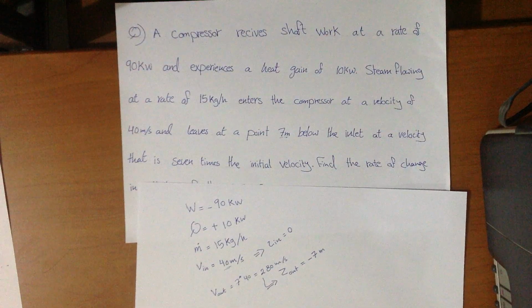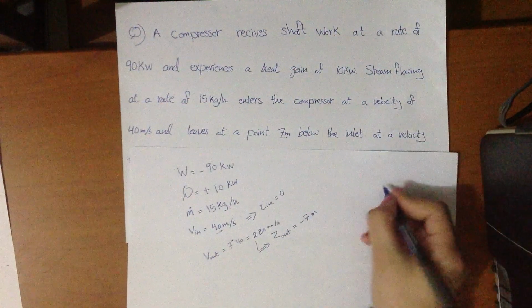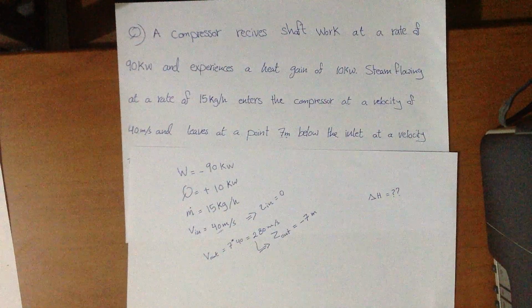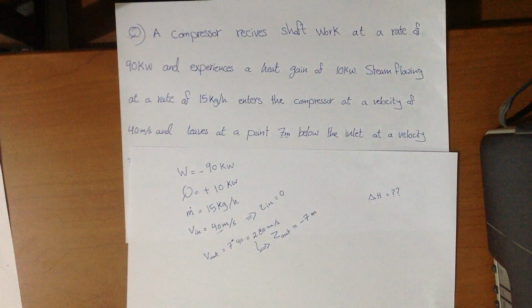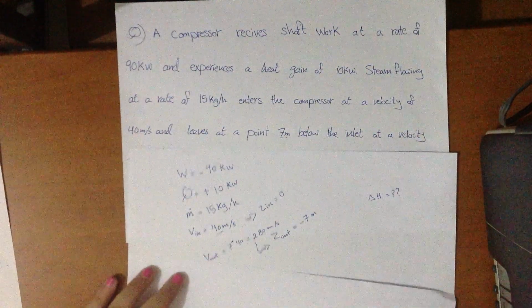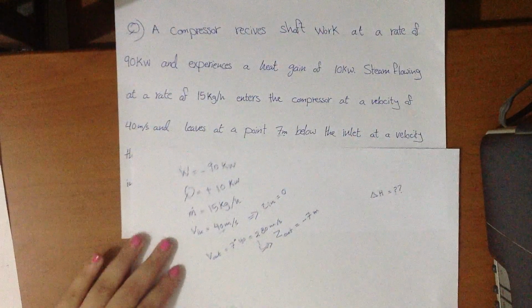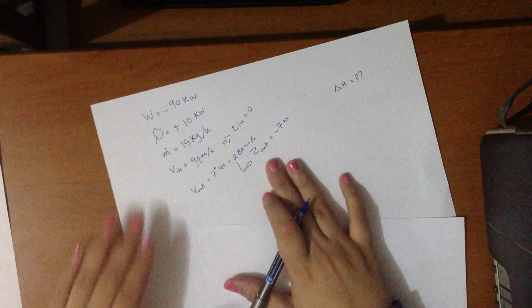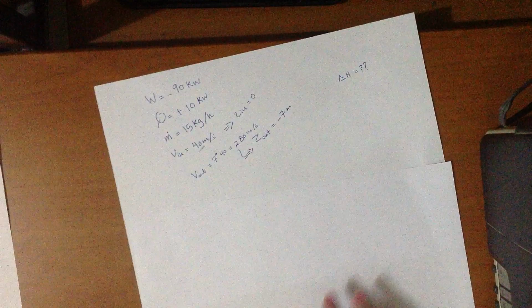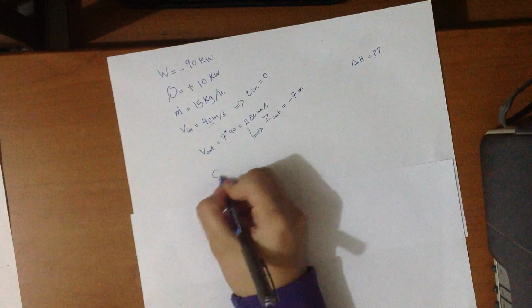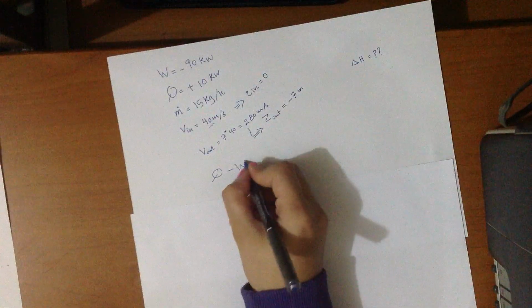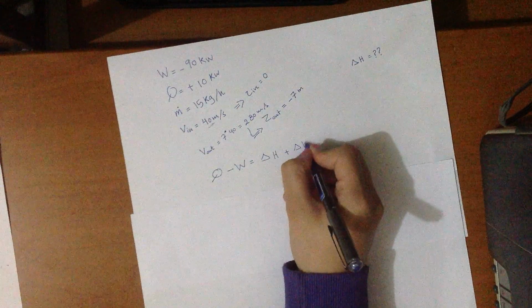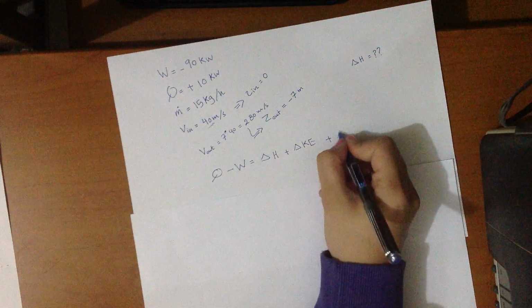He needs to find out the rate of change in the enthalpy. So the unknown here is delta H. So the question is easy. We just need to be sure about our answer. We don't need this because we have all the information here. We know the formula that says heat minus work is equal to the change in enthalpy, delta H, plus the change in the kinetic energy plus the change in the potential energy.